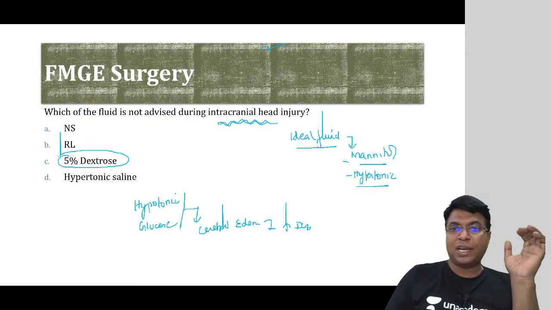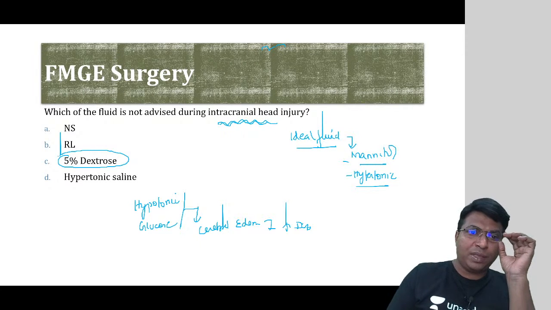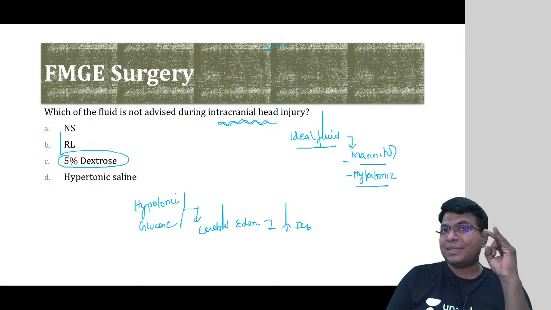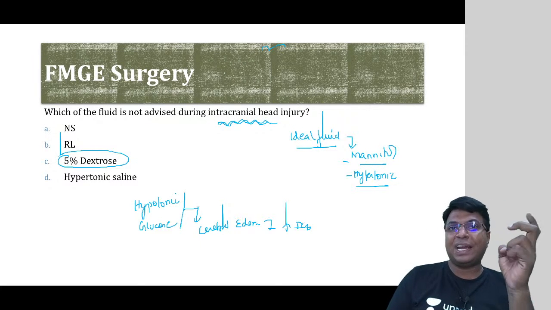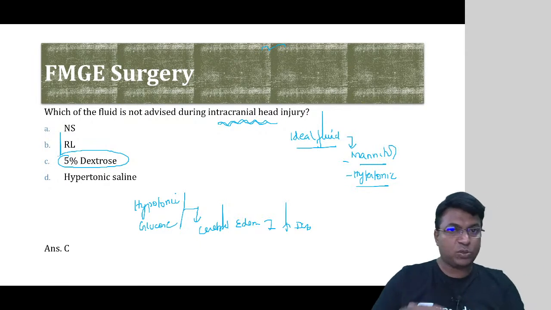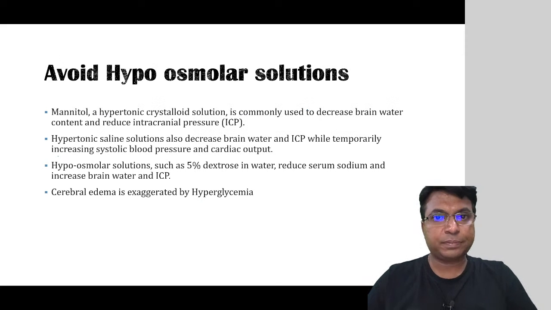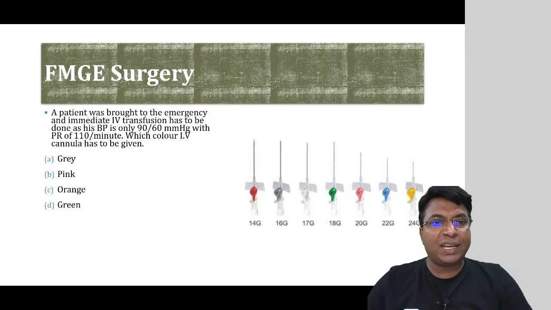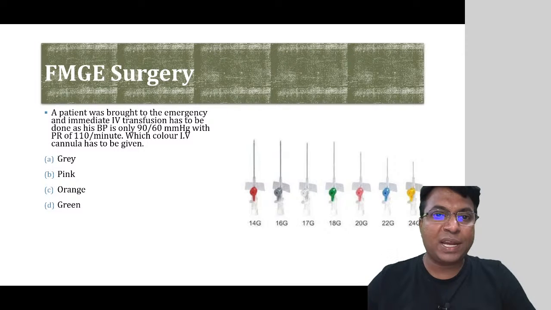The ideal fluid used in intracranial head injury is mannitol. We should not use glucose containing fluids and steroids in head injury. Both are contraindicated. Please don't forget this point. So the patient was brought to the emergency department and IV transfusion has to be done as his BP is only 90/60.